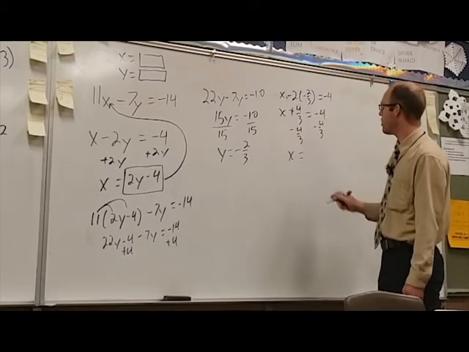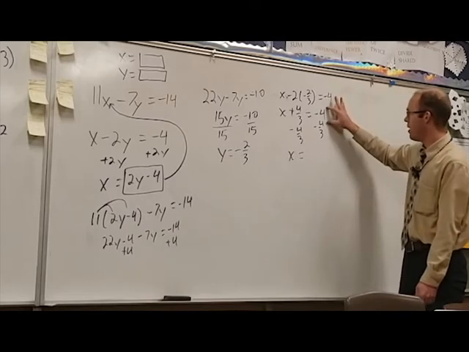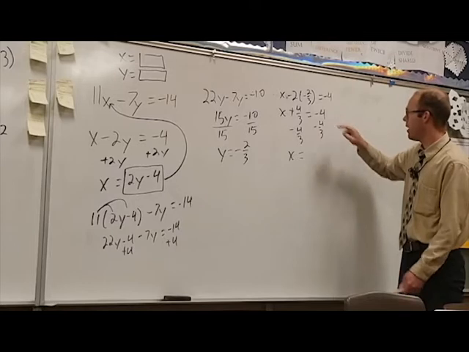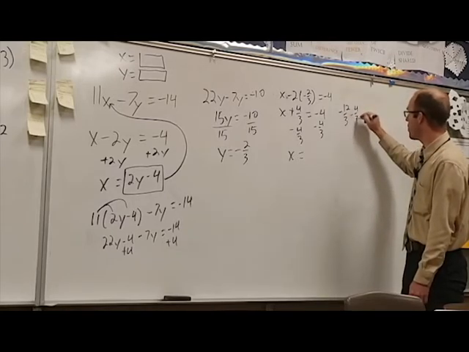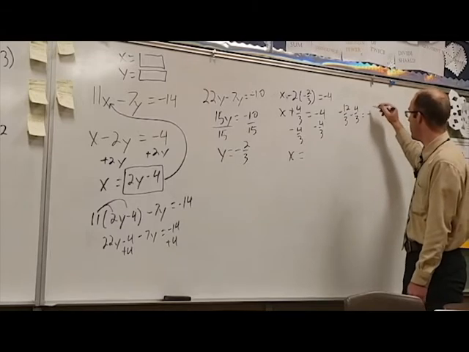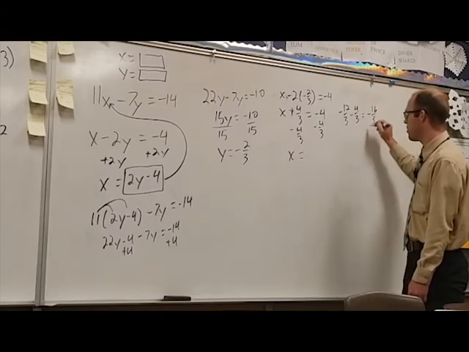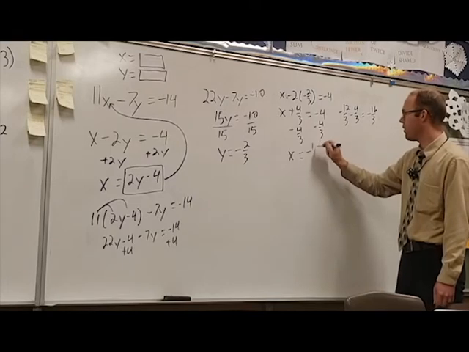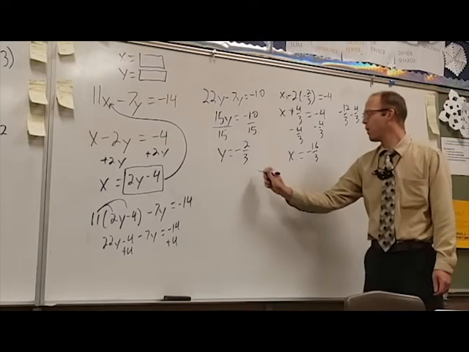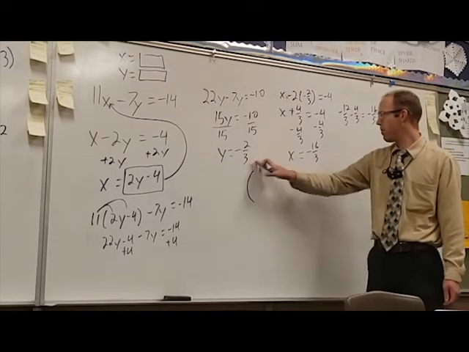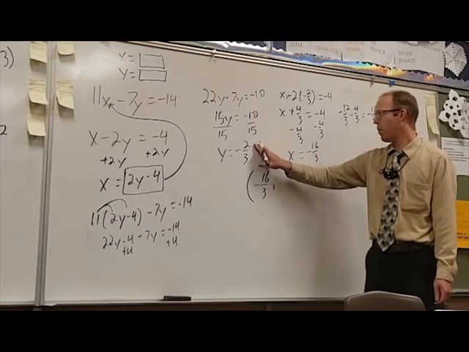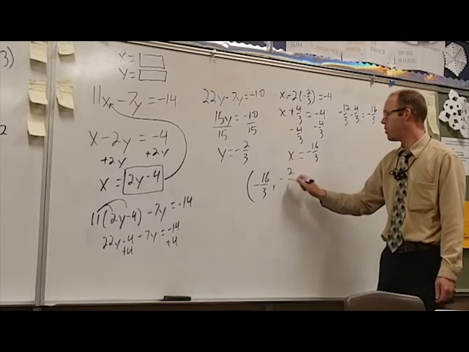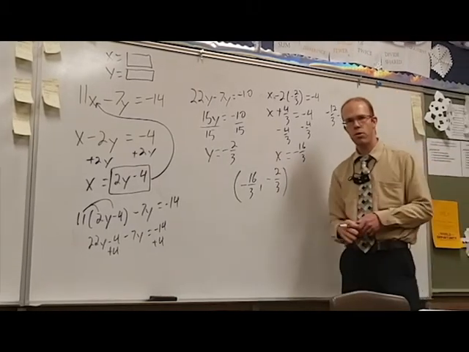And we get x. 4 is 12/3. So we have negative 12/3 minus 4/3. That gives us negative 16/3. And that's our value for x. So negative 16/3. We now have both the values right here. Negative 16/3 is our x value, and our y value is negative 2/3. And we are finished with this one.